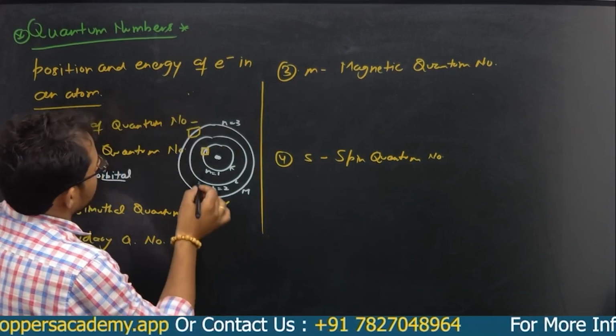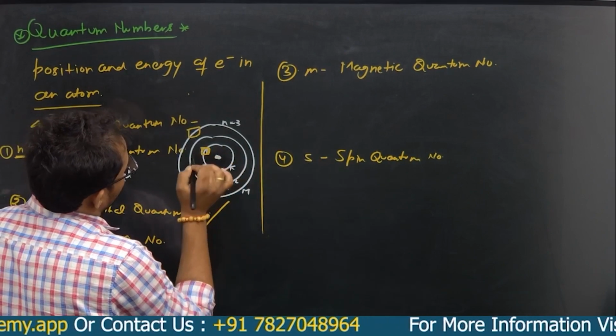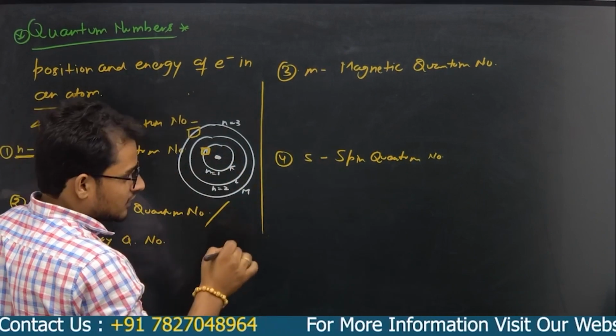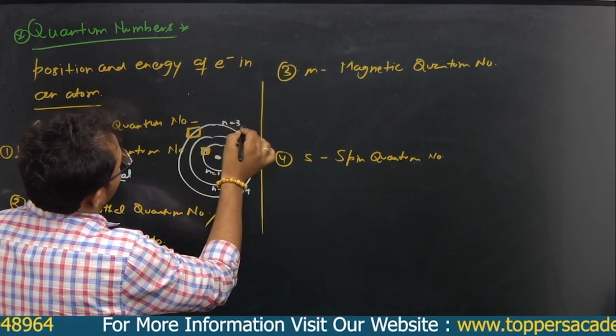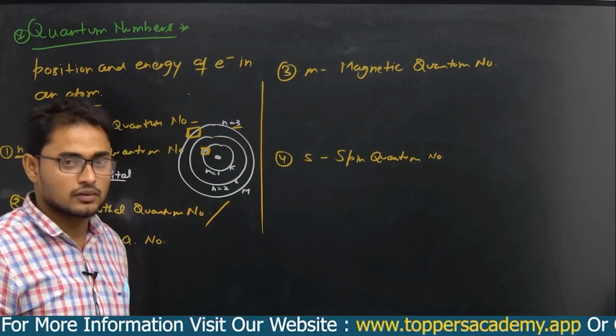That means the size of an orbital of the n equal to 1 shell will be less than the size of an orbital of n equal to 3.